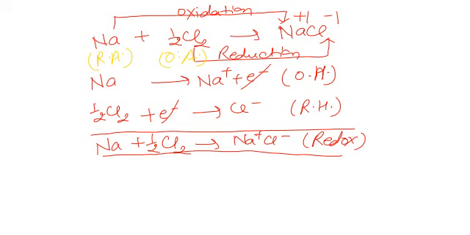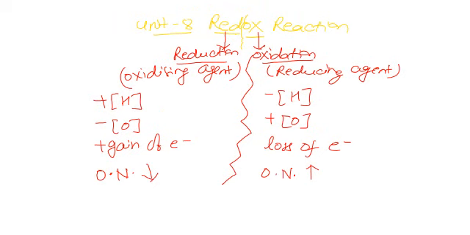Now there is one part which I discussed in the previous page, which is very important, that is oxidation number. On this parameter we have to identify oxidation and reduction.